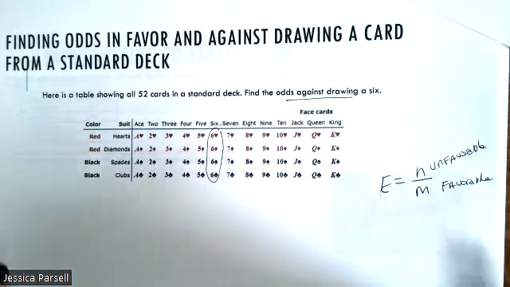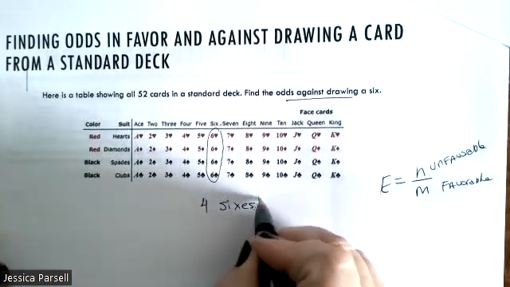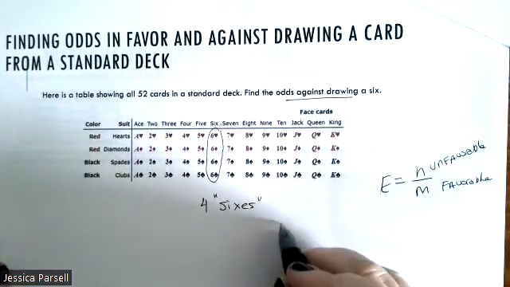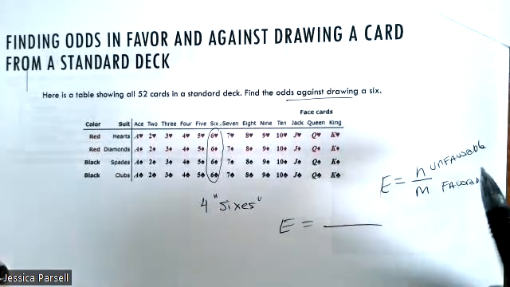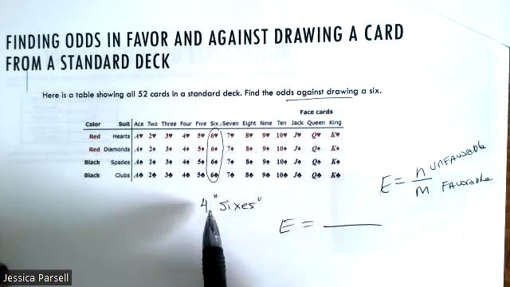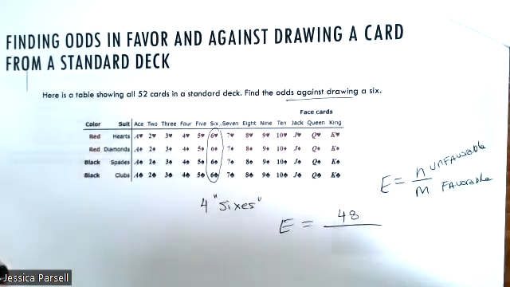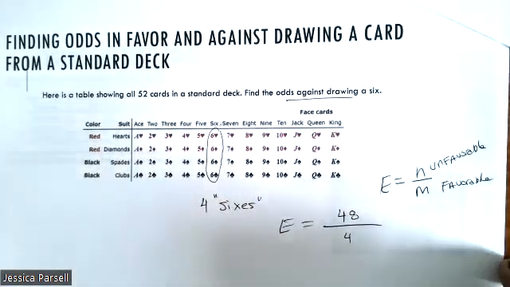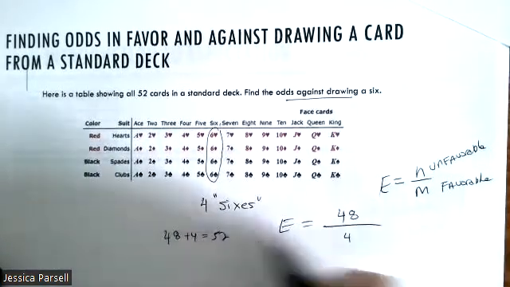Okay, so we have 4 6s. So let's see how we can think this through here. So unfavorable is going to be all the rest of these cards. We know there's 52 total minus the 4. So unfavorable would be 48. Favorable would be getting those 6s, which we have 4 of those. If you want to double check yourself, 48 plus 4 should be 52.